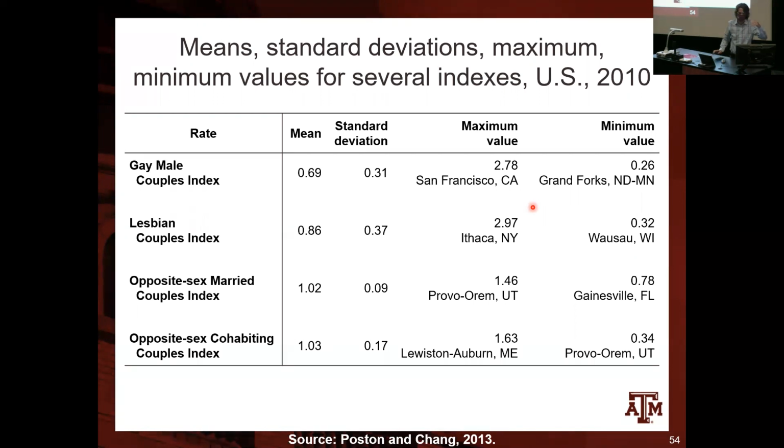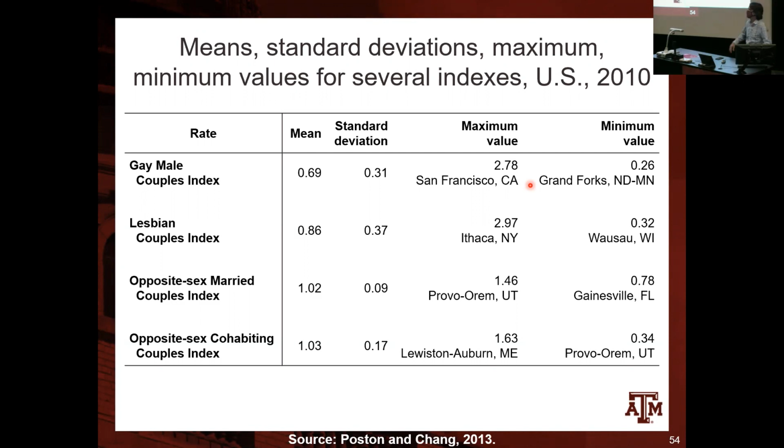I have to get 2.78 minus 1. It's 1.78. 1.78 times 100. Gay couples are 178% more likely to be found in San Francisco than in a randomly selected household across all these metropolitan areas.